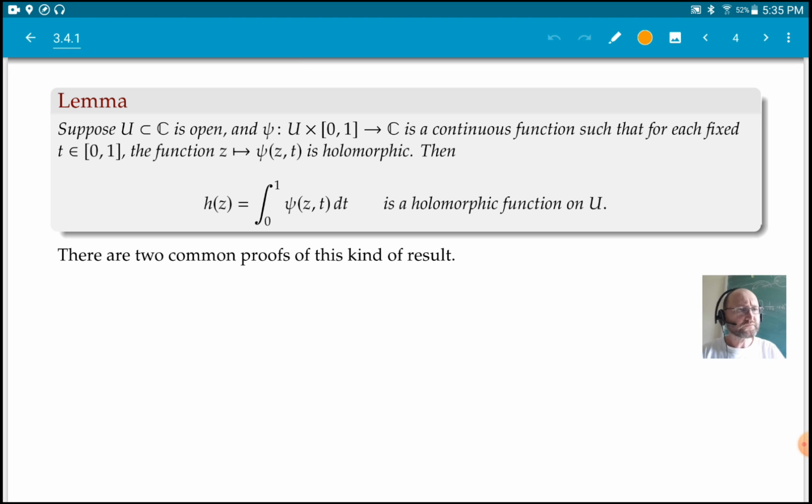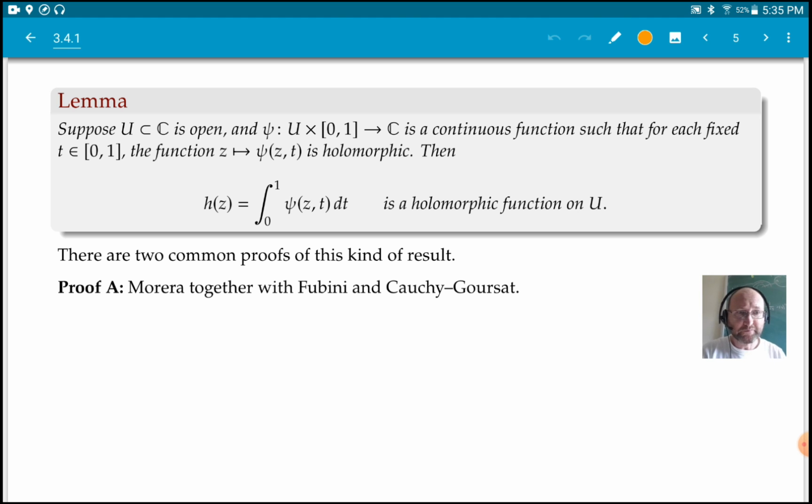So it turns out using Morera is actually a little bit simpler. So we'll use both of these results to prove this lemma. So we'll give both proofs, and Morera is actually easier here, right?